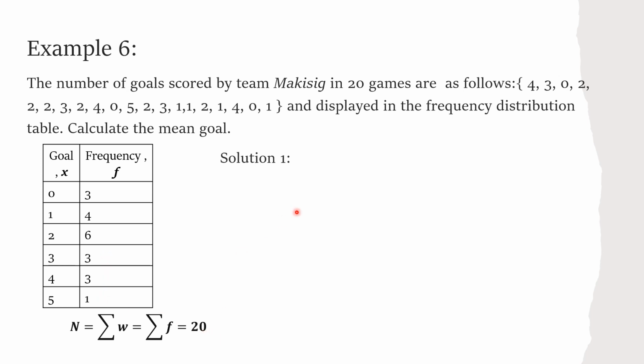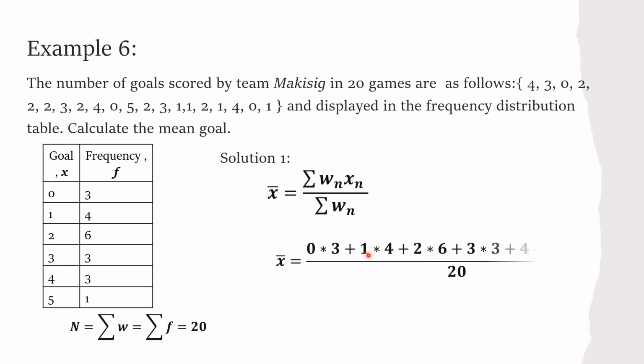By using the idea of weighted mean, then substituting the given, 0 times 3 plus 1 times 4 plus 2 times 6 plus 3 times 3 plus 4 times 3 plus 5 times 1 divided by the weights, or N, the total frequency 20. Therefore, the mean goal is 2.1.